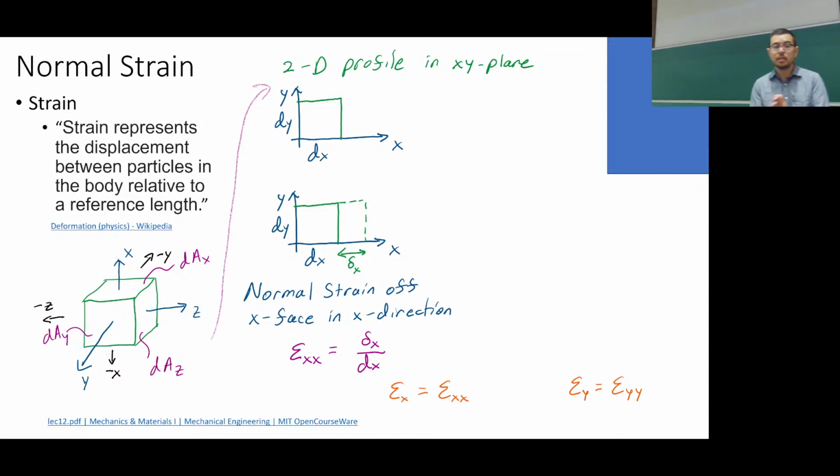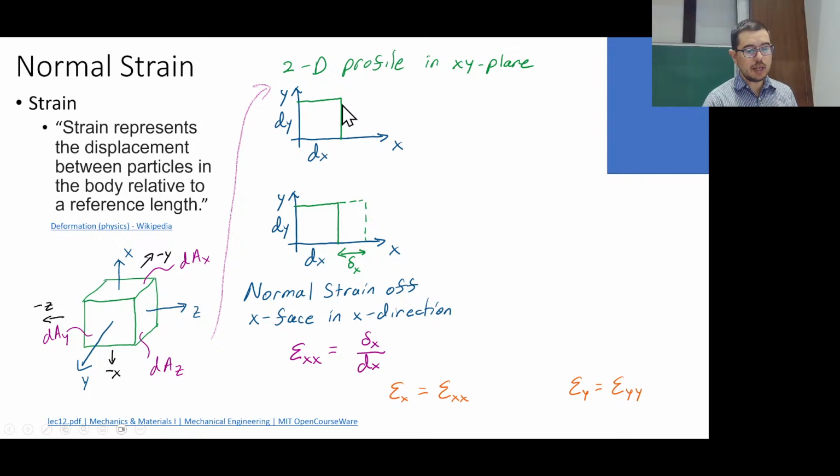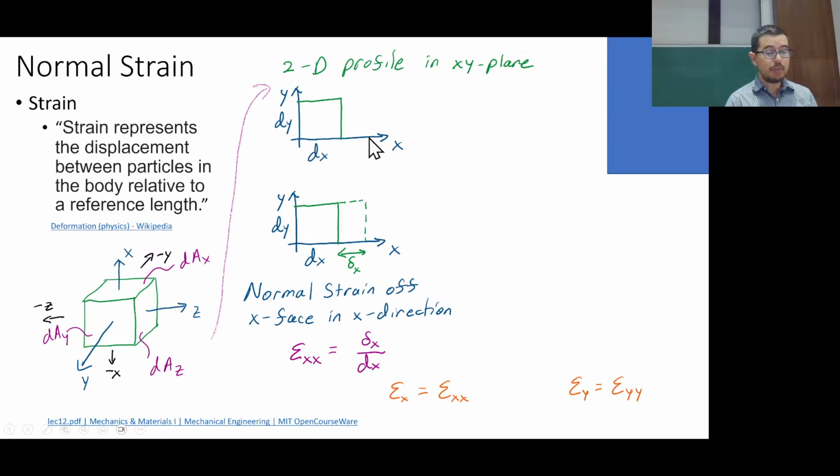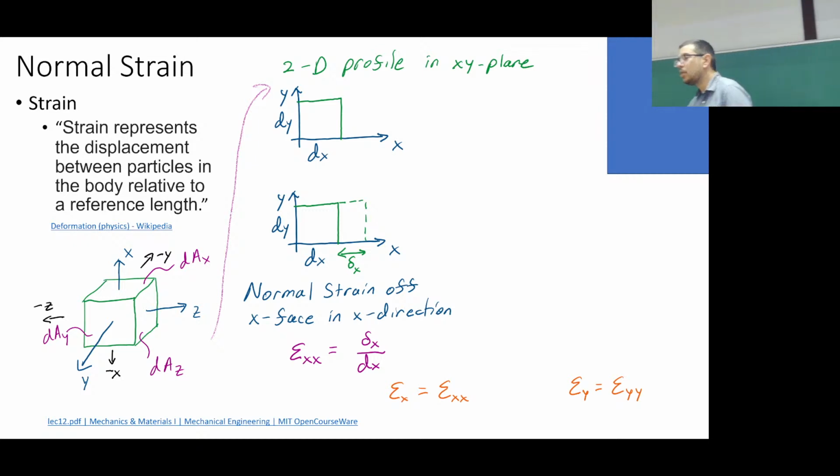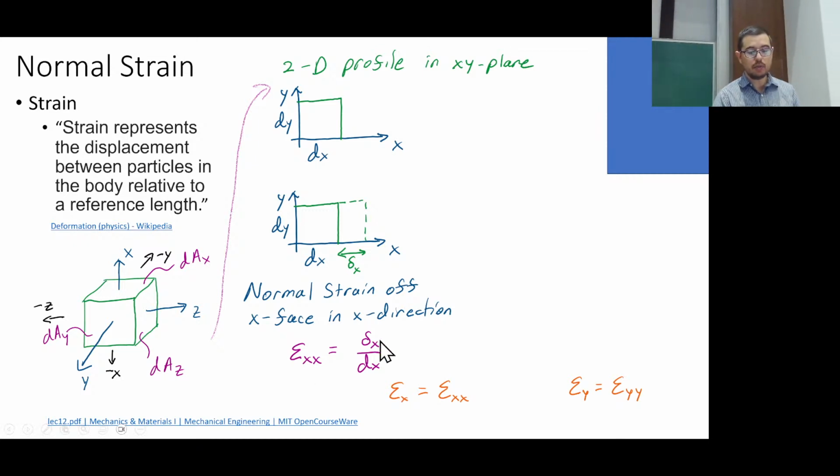The normal strain is going to be defined on an x face. So where's the x face? Well, if this were 3D, there would be a normal vector in the x direction coming off of that face. That'd be the x face, and it's happening in the x direction. So now we introduce a new parameter called epsilon, and epsilon sub xx is going to be this ratio of the delta over the original length.